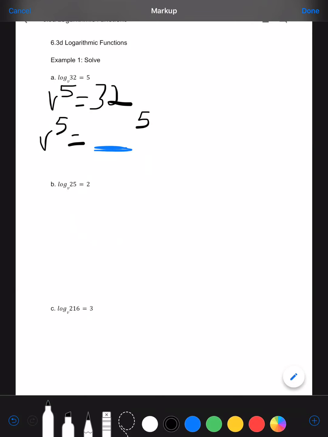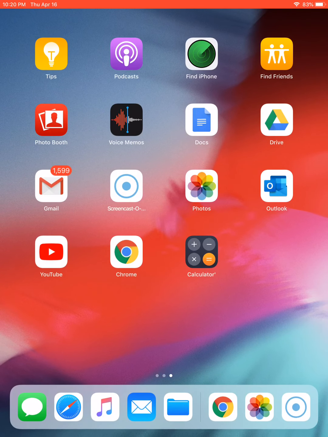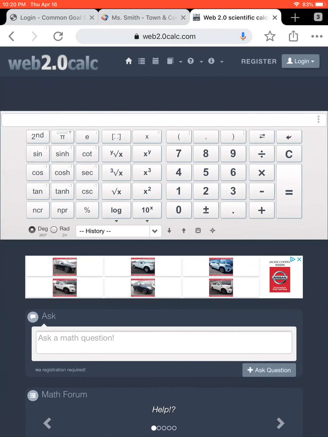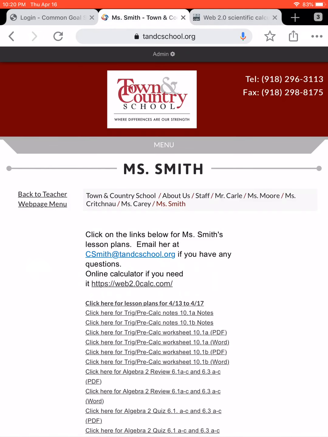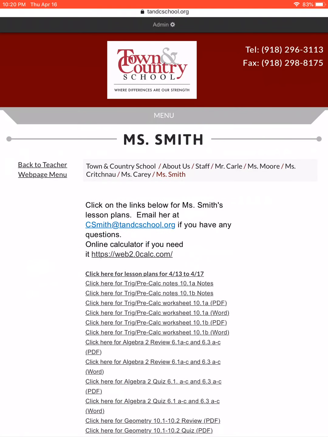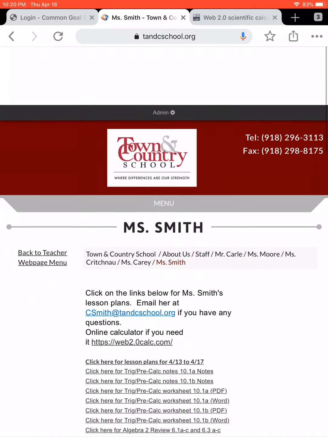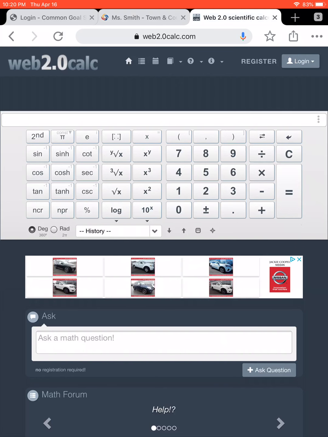Okay? So the easiest way to do this is actually, if you use the link to the calculator I put on our website, on the Miss Smith Town and Country thing, it's this first thing up here. It says Miss Smith, or it's got my email address. The next link underneath is the calculator, takes you to this page.